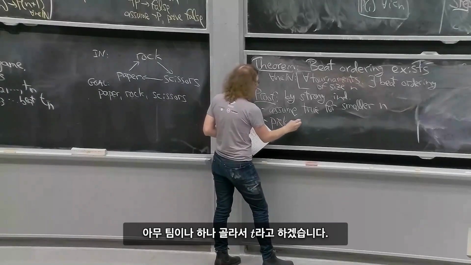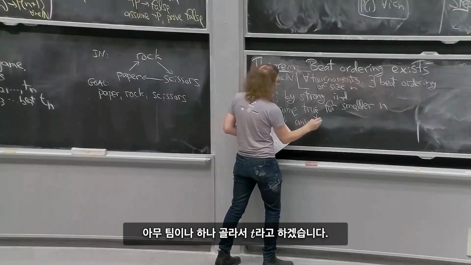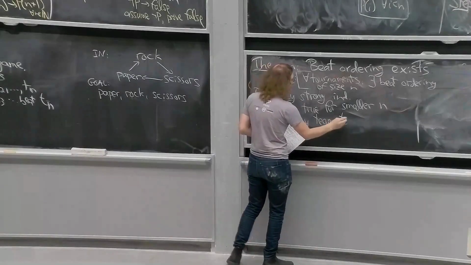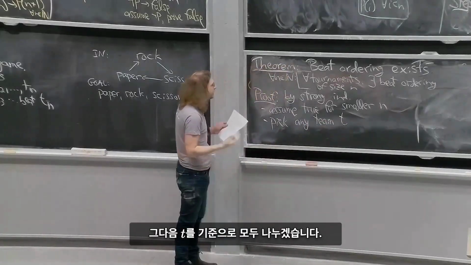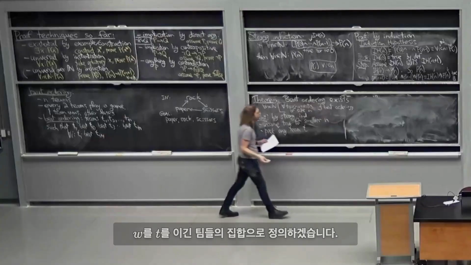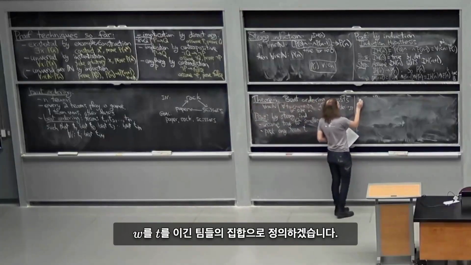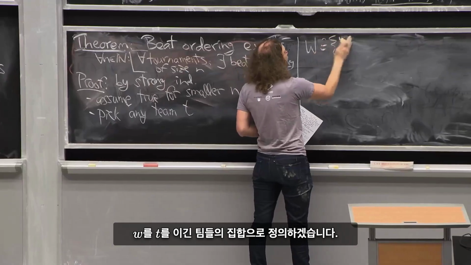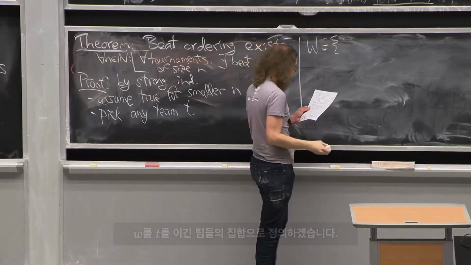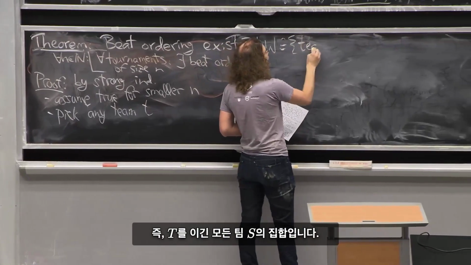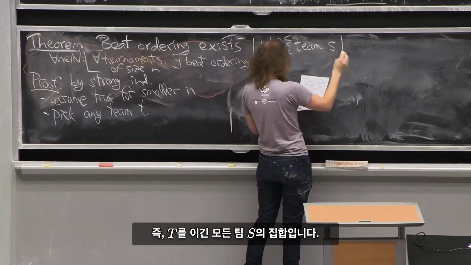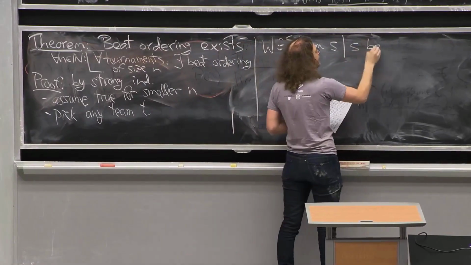Pick a team, any team, call it t. Then I'm going to split everything with respect to t. So I'm going to define W to be the set of teams that win against t. So this is going to be a set of all teams s where s beat t.